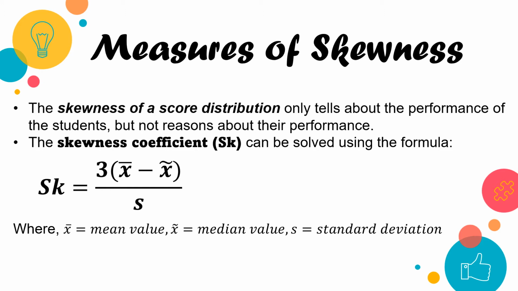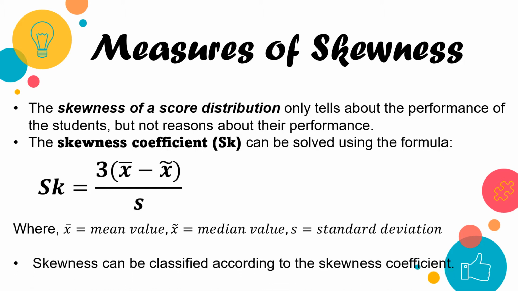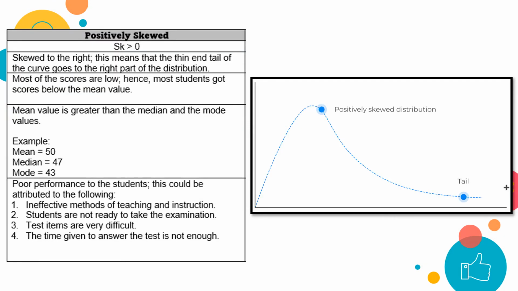Please take note that for you to get the skewness coefficient, you have to get the mean value of the data. You also have to look for the median value, and of course, you have to solve for the standard deviation. Skewness can be classified according to the skewness coefficient. So I think we have here our table.